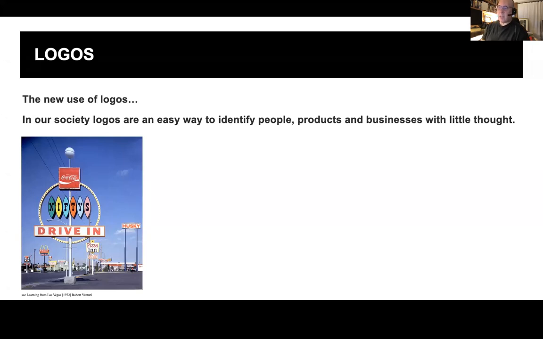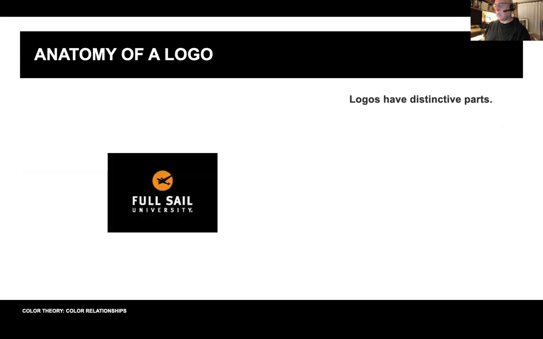He pointed out that when you're driving down the road and you're hungry, you don't look for the McDonald's building, you look for the McDonald's logo. The logo is more important than the building itself. And certainly if we get into the internet, that's even more true. The image is really key.